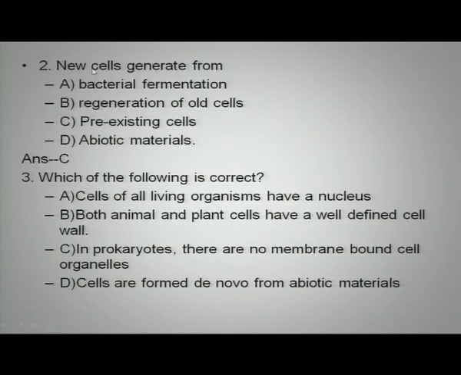Now, come to the second question. It was, new cells generate from: options A. Bacterial fermentation, B. Regeneration of old cells, C. Pre-existing cells, D. Abiotic materials.